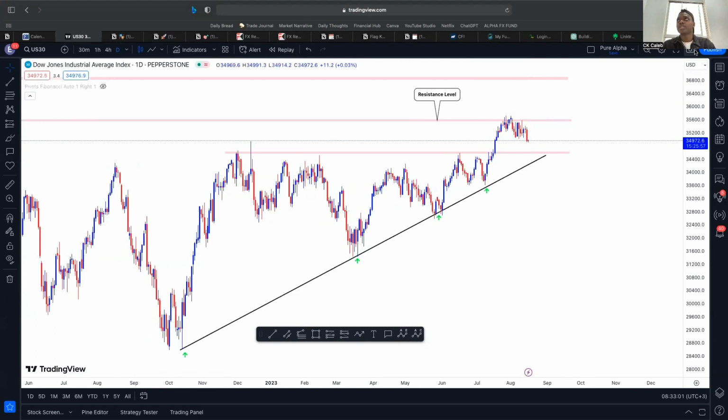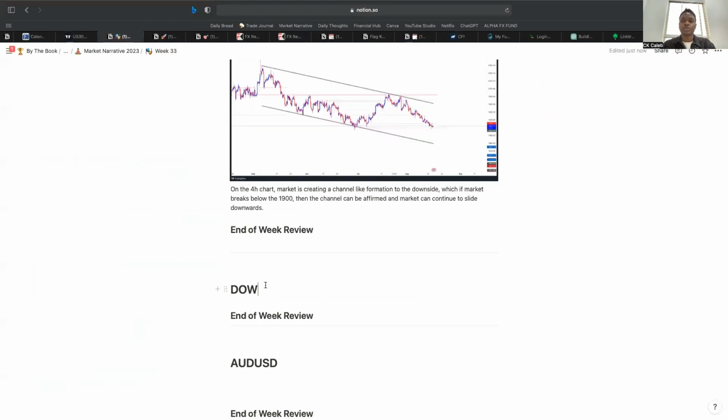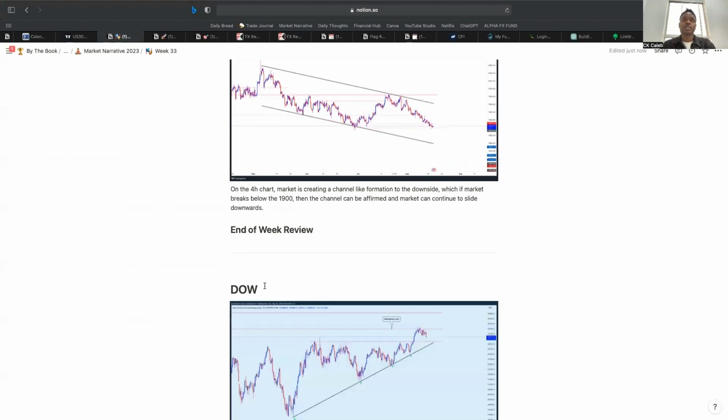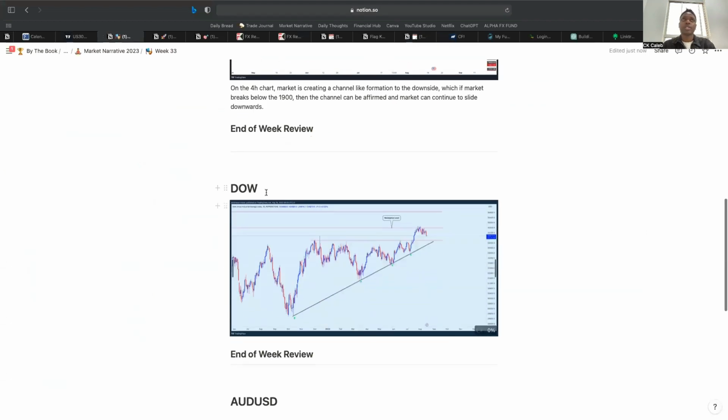If I take a screenshot of the daily chart, copy image, come back here to the Dow, and paste with Control V, then I write my observation on the daily chart. The market has been moving to the upside.